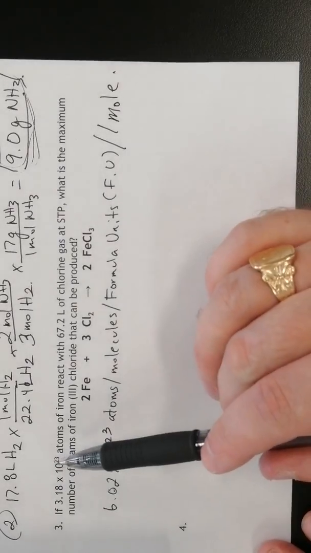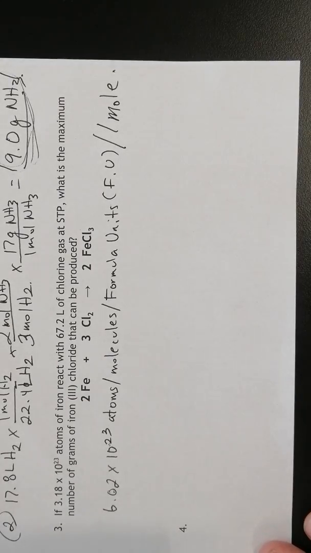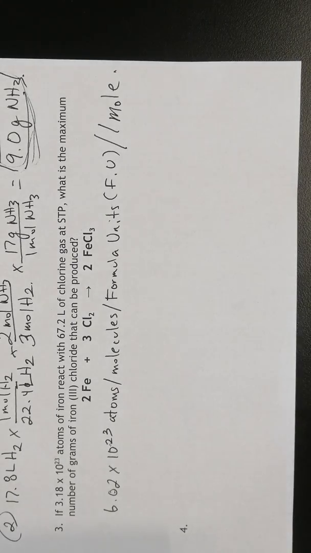There's this many in 1 mole of anything. That's what we need to know, because this problem tells us how many atoms of iron are going to be reacted. This one's got formula units, and it's got volume as well.